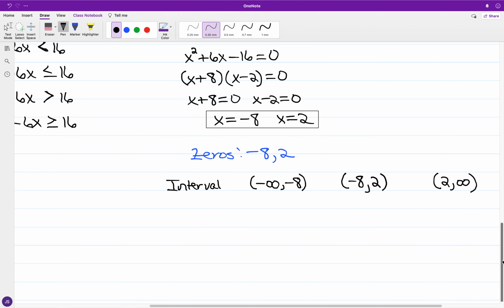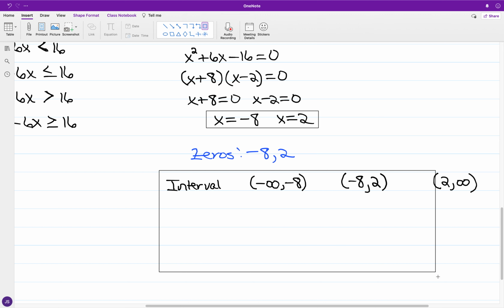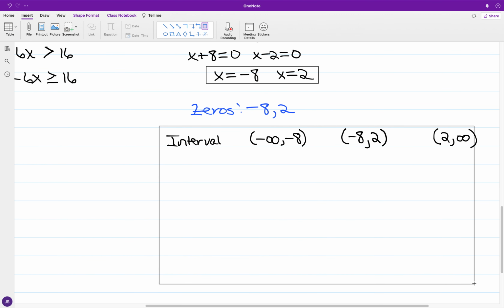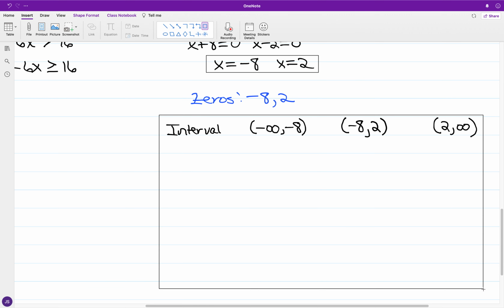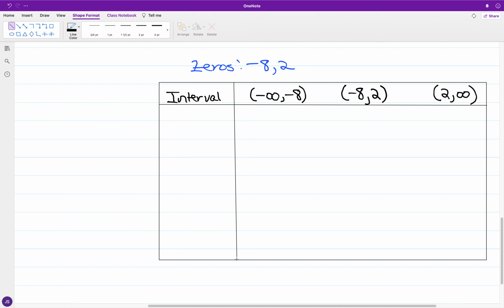I'm working around the real number system and setting up intervals that will not be inclusive of the zeros. Just setting things up here.